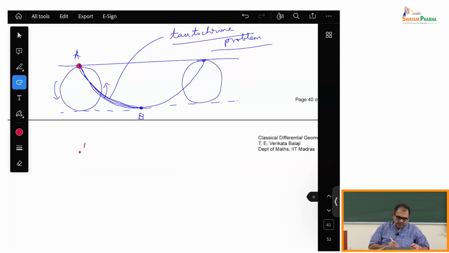So if I take the point A and the point B, I can draw several curves like this. And the question is that you take each of these curves.